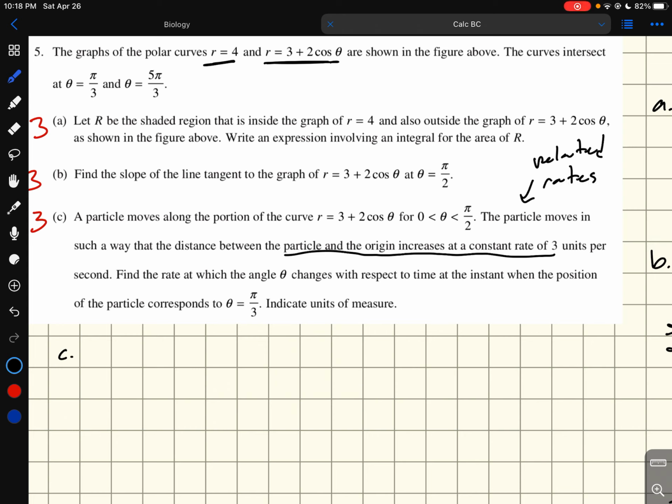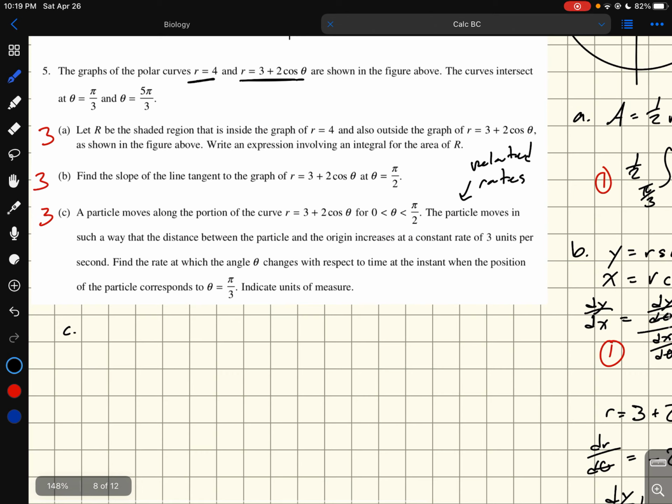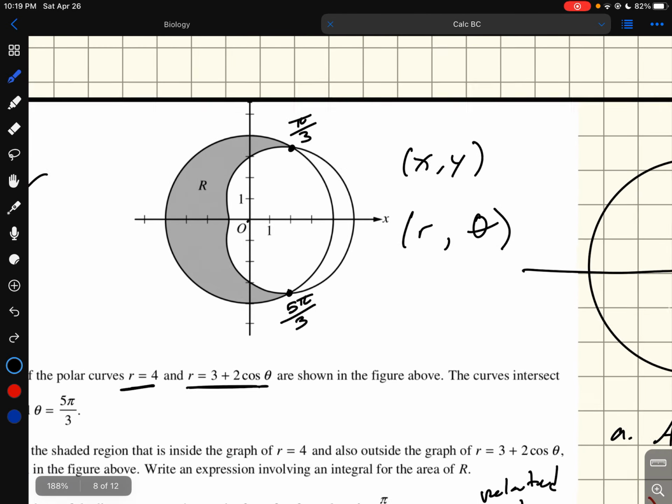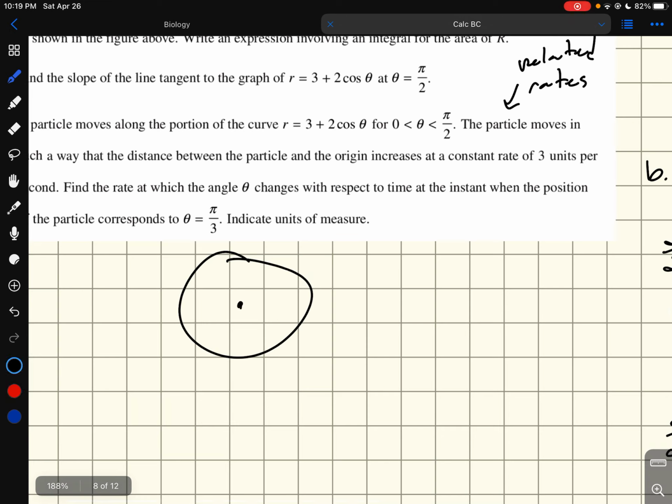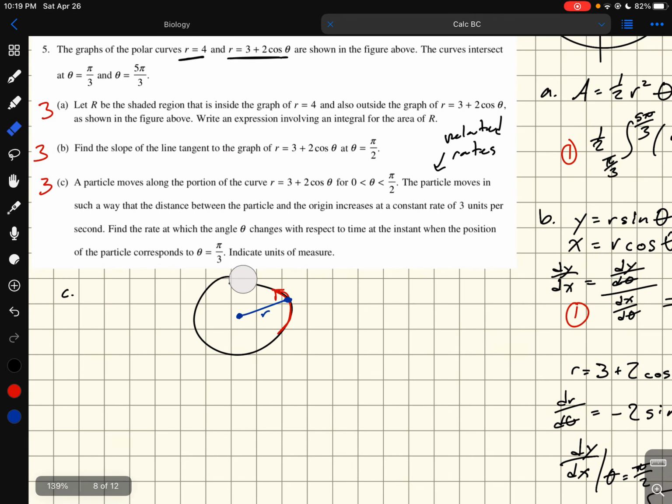The distance between the particle and the origin is the radius, because the particle is on the curve. If I had a circle, and this was my center, and my particle was moving along this curve, then the distance between that center and that particle is the radius of the circle.